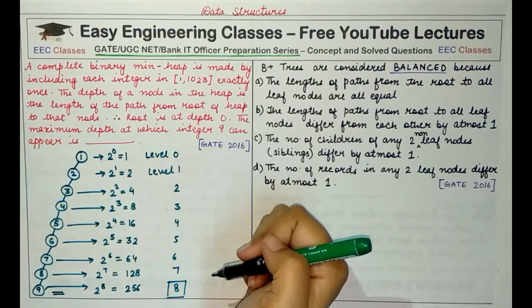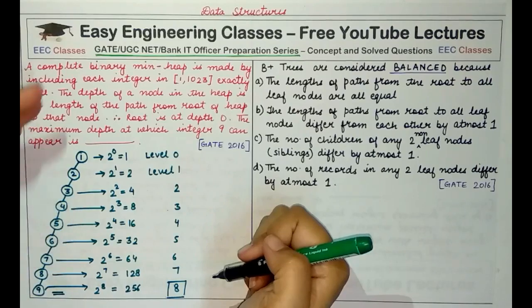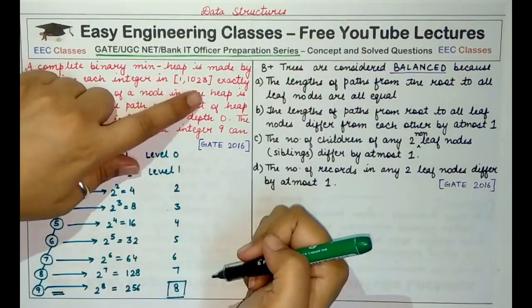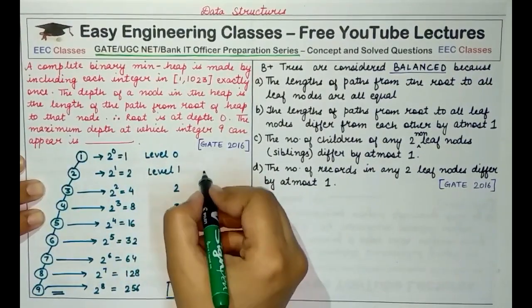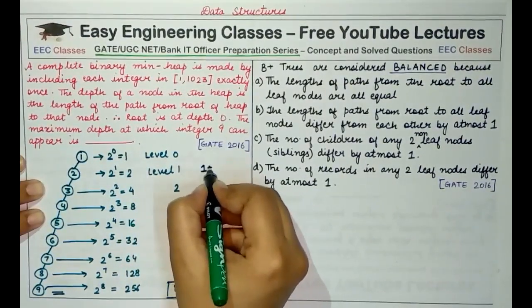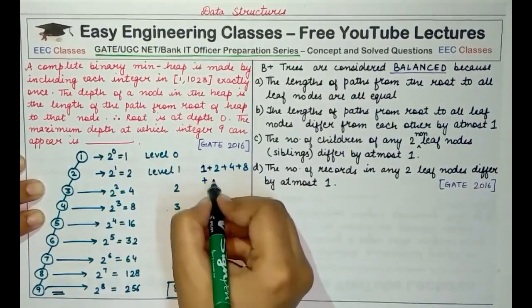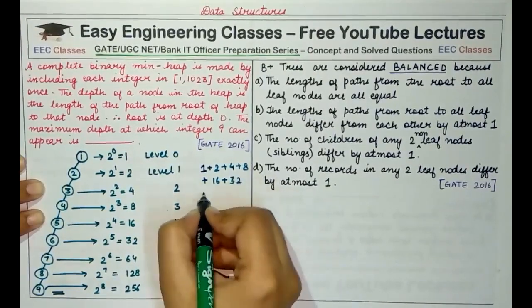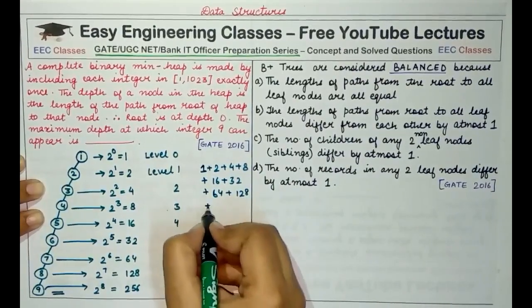We can place 9 at the maximum depth by placing it in a skewed manner, and I have to check whether I can fill the above levels completely by the given range. So if I sum up all these values, the total number of nodes would be 1 plus 2 plus 4 plus 8 plus 16 plus 32 plus 64 plus 128 plus 256.